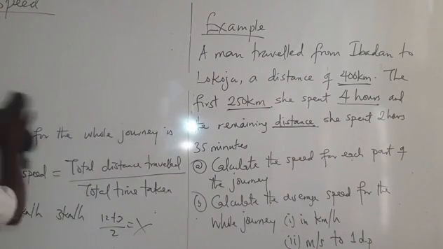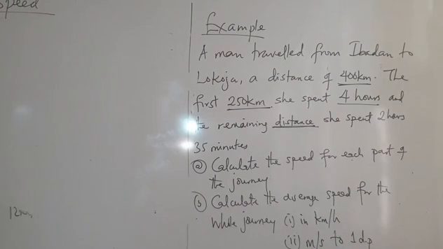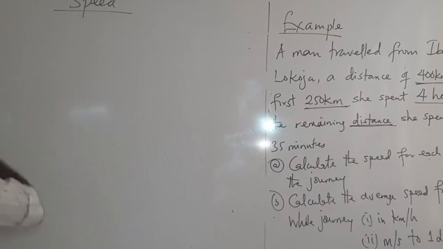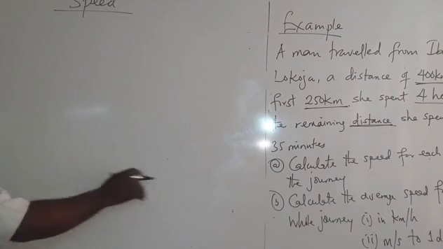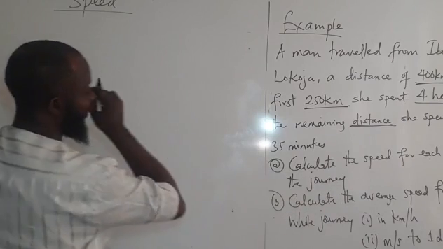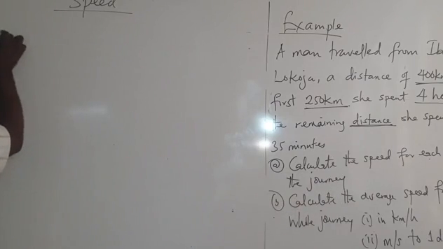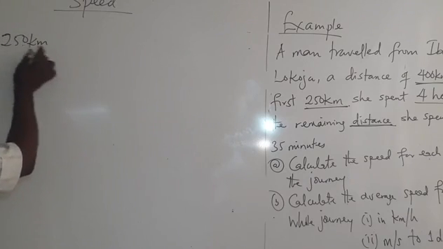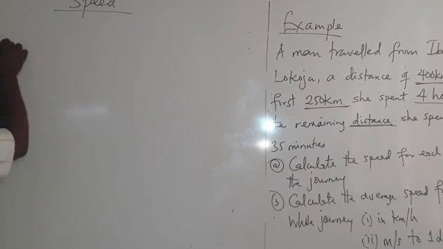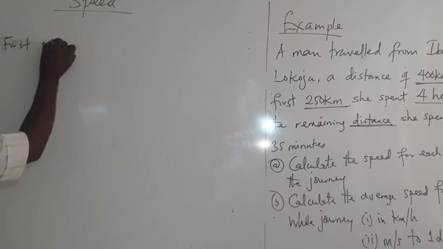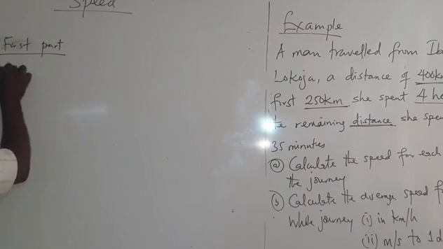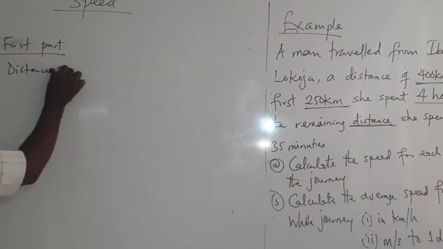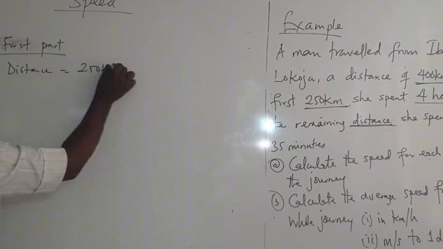So look at the question. The first thing, A, is that we calculate the speed for the journey, so we start with 250 kilometers, the distance of the first part. So the distance here is 250 kilometers.